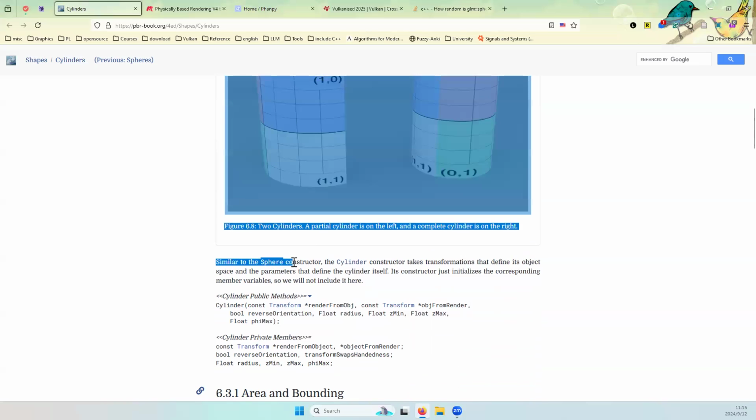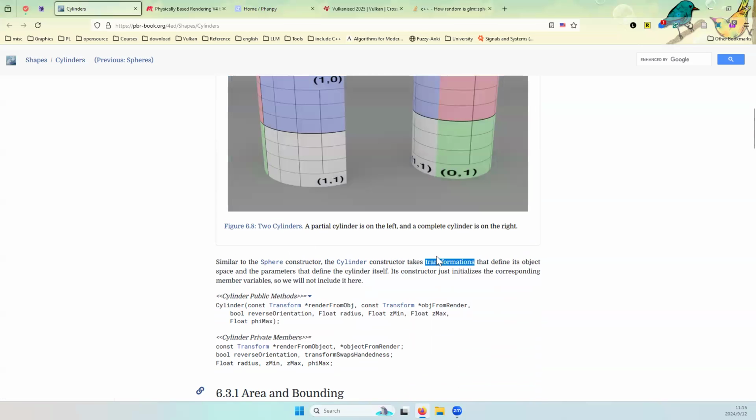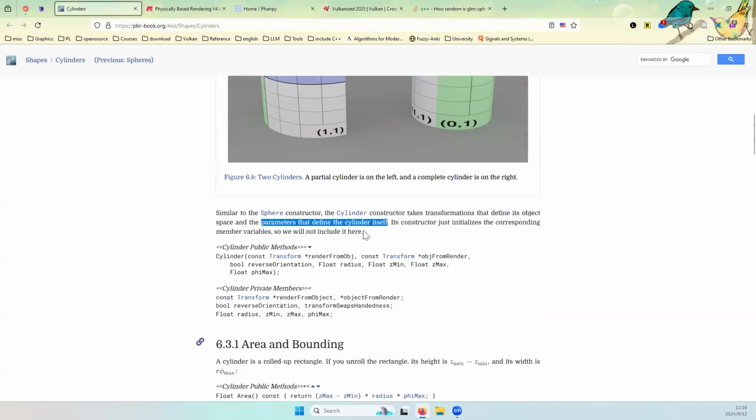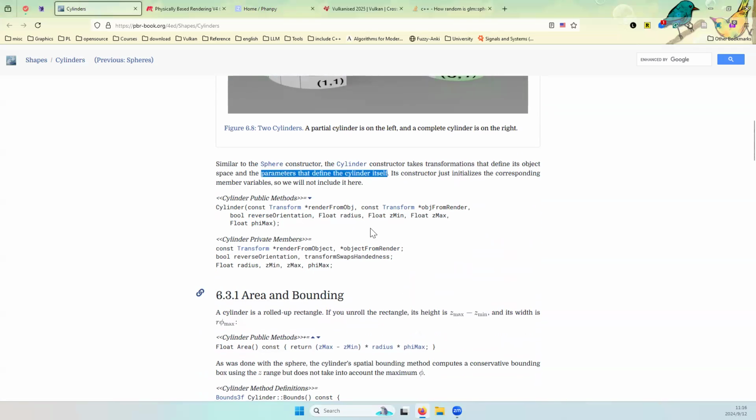Similar to sphere, the cylinder constructor takes a transformation. And the parameters define the cylinder itself. Those two are just inverse.